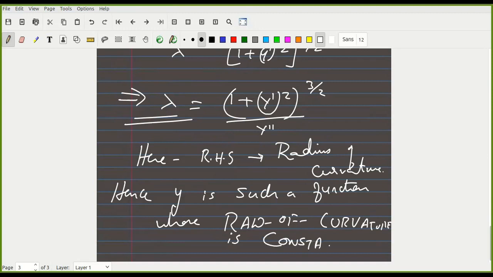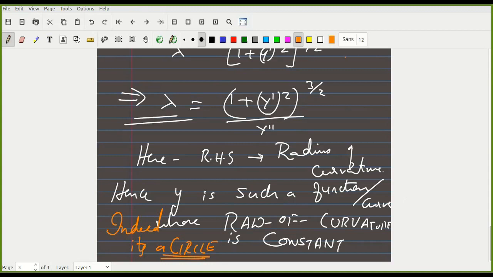And what is that curve? Definitely such a y is, indeed, a circle. So that's it. This is what is called Dido's problem, fixed rope.